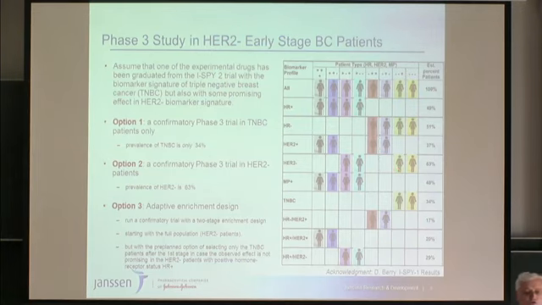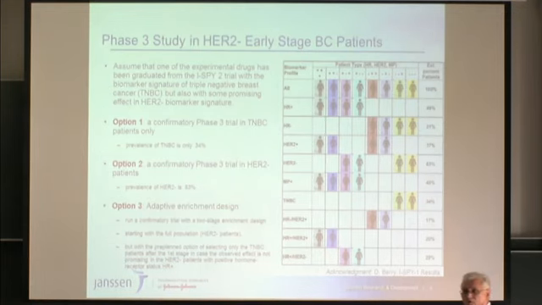So if you don't do any adaptation, you go to the end, and maybe the treatment effect will be diluted and you lose altogether. So adaptive enrichment design comes as a compromise. So we start enrolling patients in HER2 negatives, but have a pre-planned interim analysis. At that time, we will make the decision: do I continue just with triple negative or with the whole HER2 negative patients?